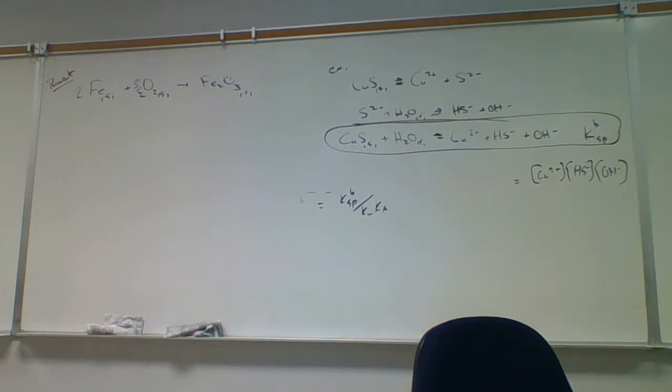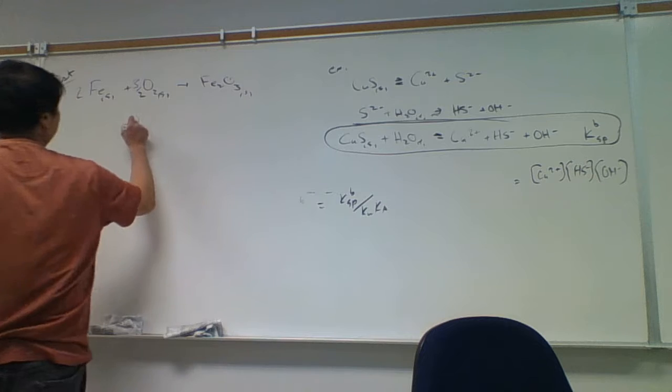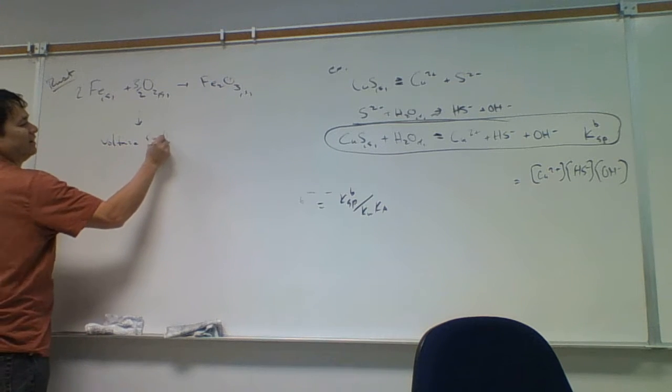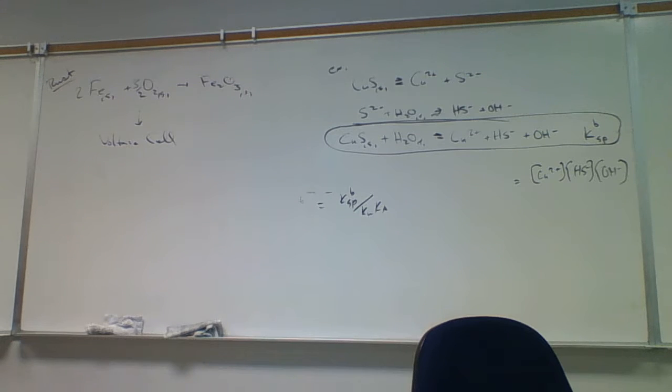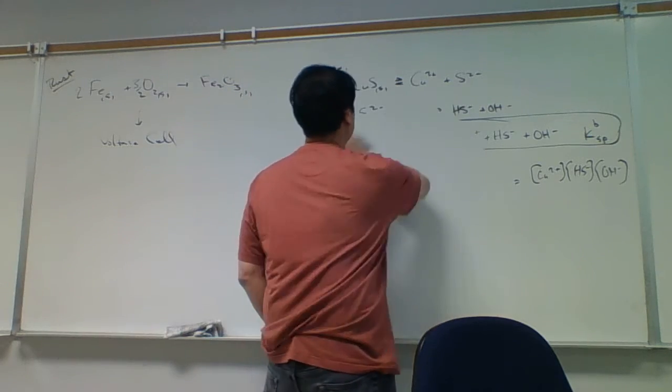So this slide, we shouldn't put first. We should put this slide here first. Or actually, we don't have a good slide for this. This can be thought of as a voltaic cell. Don't worry about those cell potentials there because it's a little bit confused.